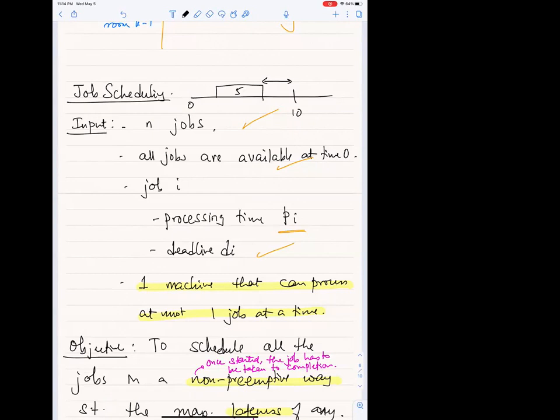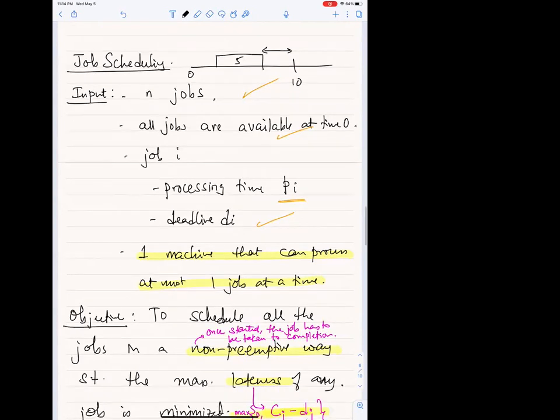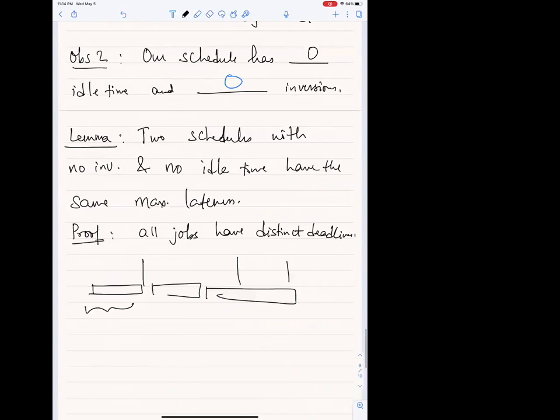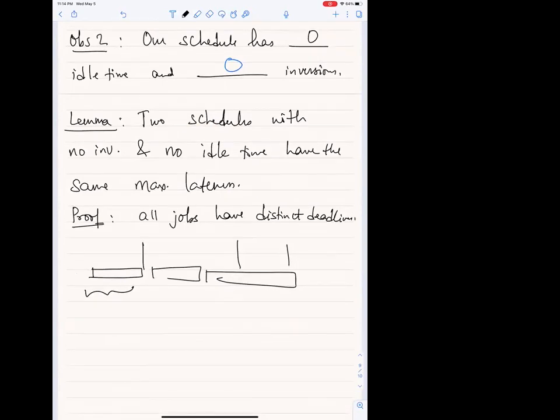Here's what I had a doubt. Just scroll down till the last. If zero inversions and zero idle time, it means that immediately after a job's processing is over, the next job is processed.